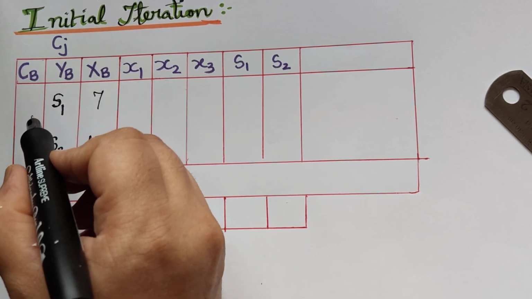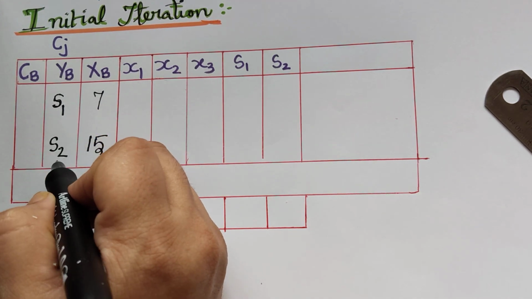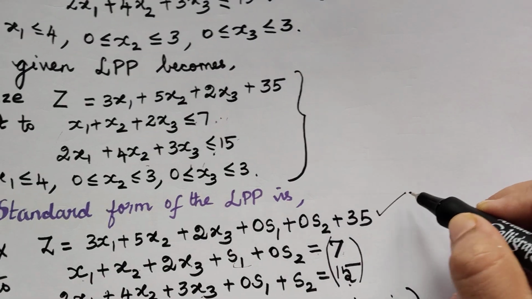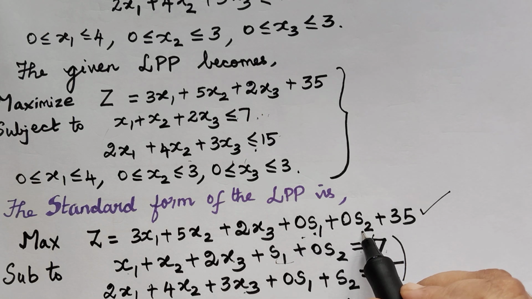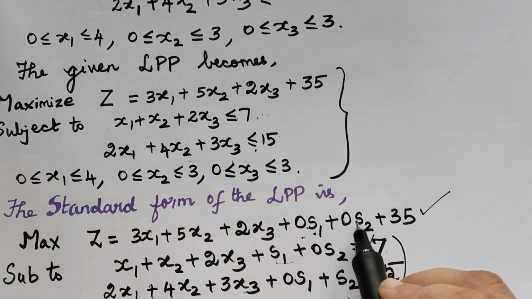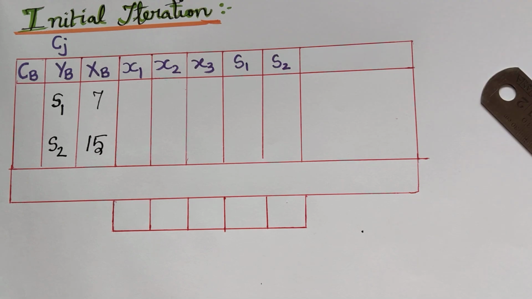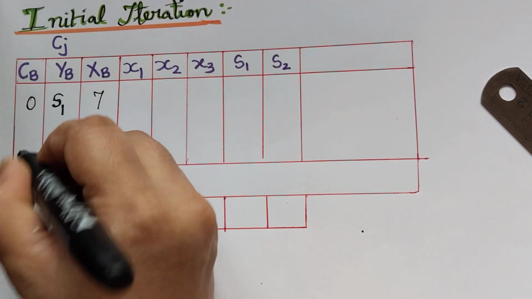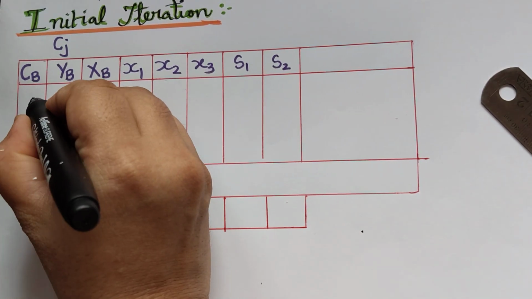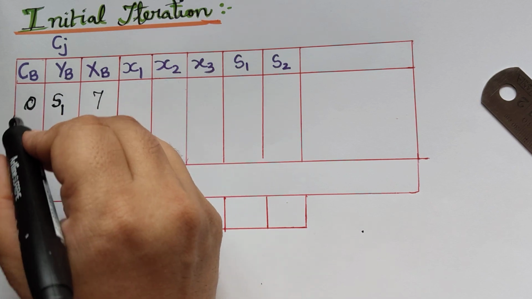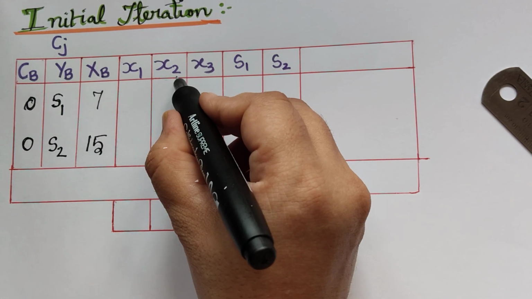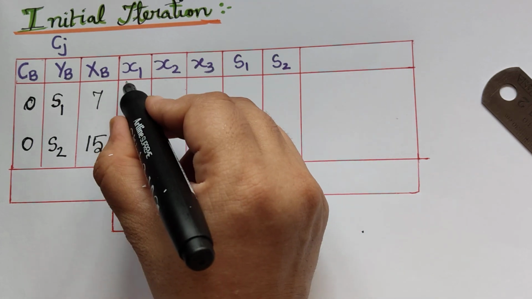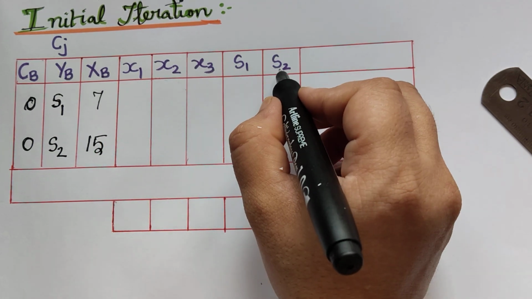And CB is the cost of S1 and S2 in the objective function. The cost of the variables S1 and S2 in the objective function is 0 for both, so this has to be 0. Then here we have x1, x2, x3, the non-basic variables along with S1 and S2.